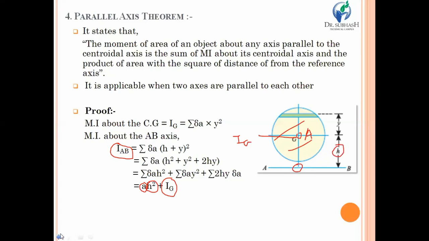So this is the mathematical equation, and let's derive how it can be derived.